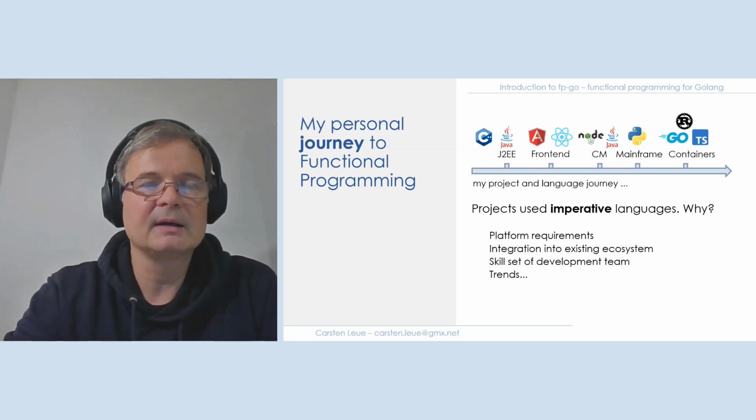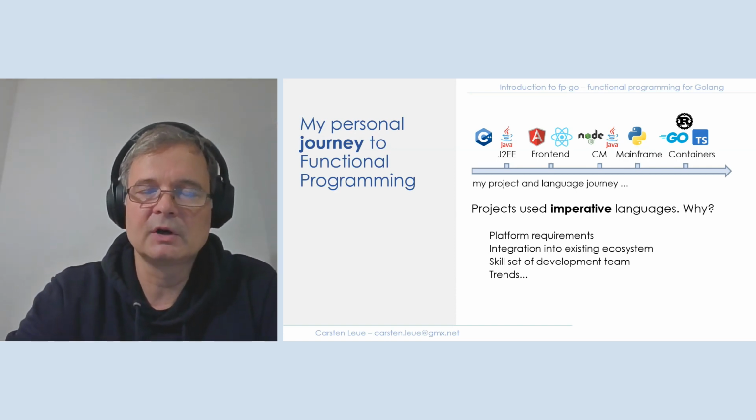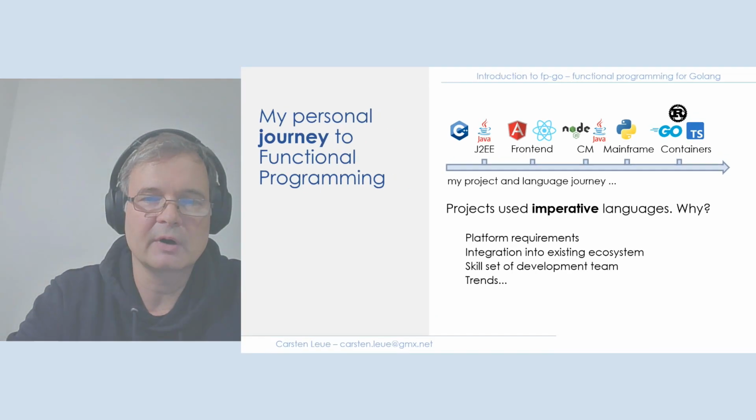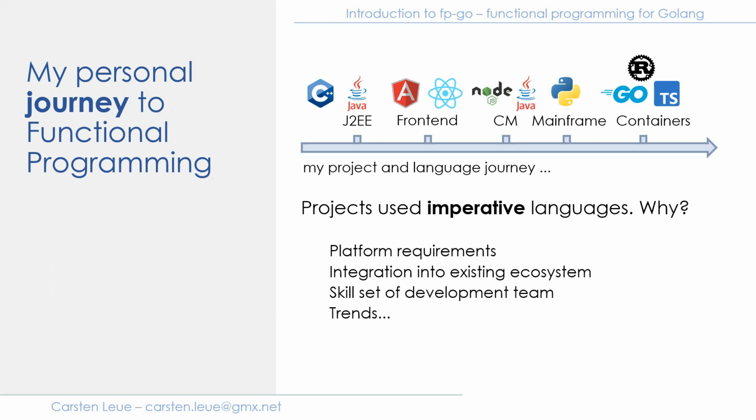As a starter, I would like to talk a little bit about my personal journey to functional programming. I mentioned that I've worked for a long time, more than 20 years, in software development.